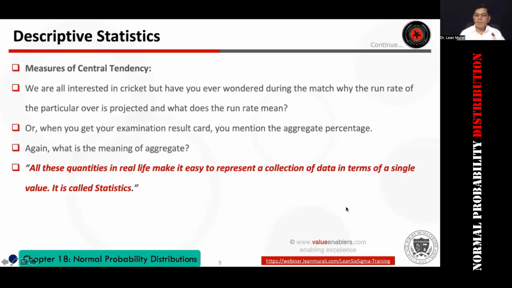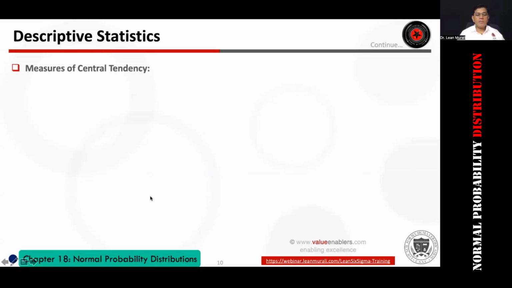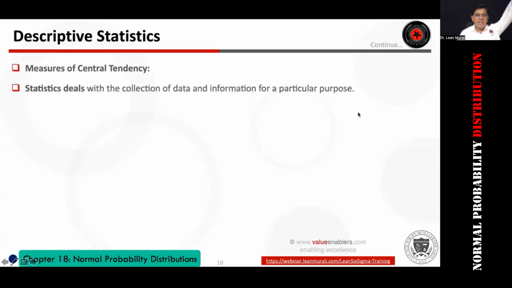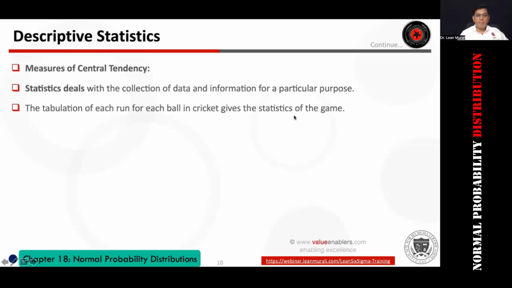Measures of central tendency. Statistics deals with the collection of data and information for a particular purpose. The tabulation of each run for each ball in cricket gives the statistics of the game, because for the 4th over, 6th over, 7th over, each ball we also give in a tabular column.